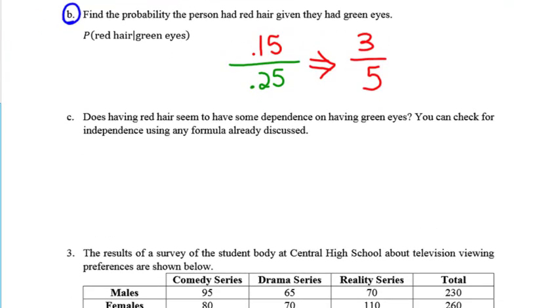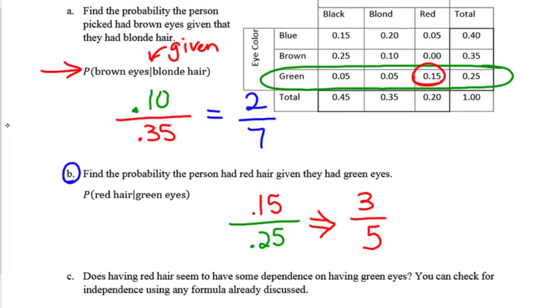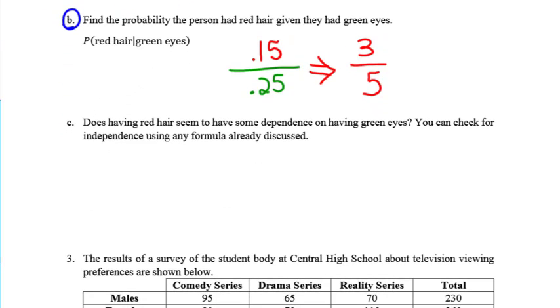Now let's use that information to help us deal with the problem on the bottom. Does having red hair seem to have some dependence on having green eyes? You can check for independence using any of the formulas that we already discussed. Since they already used in part B the probability of red hair given green eyes, we might as well use that as one of our proof options. What's the probability of having red hair given that you have green eyes?